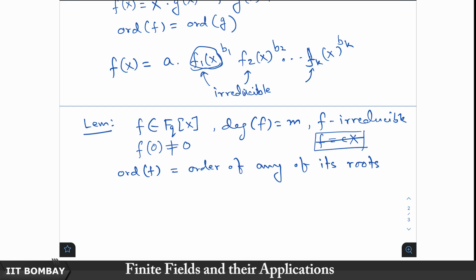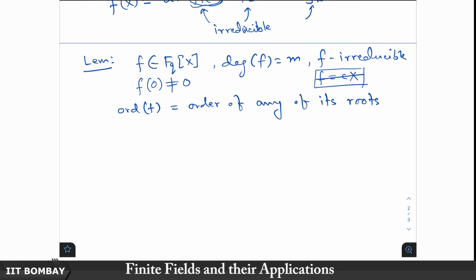So, f will have its roots in some extension field, and in that extension field there is the multiplicative group. In that multiplicative group the elements have order well defined, the number of times you multiply so that you get 1.